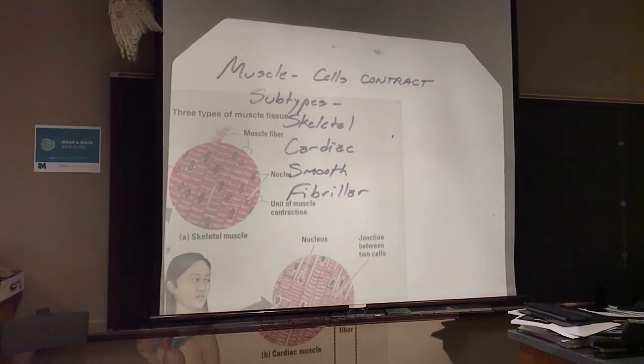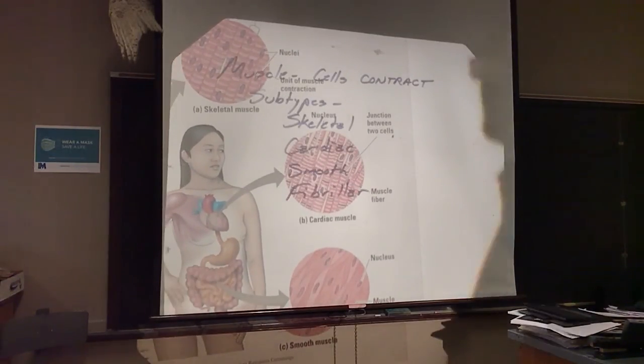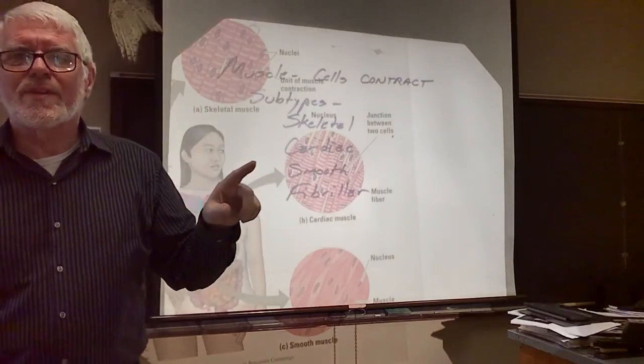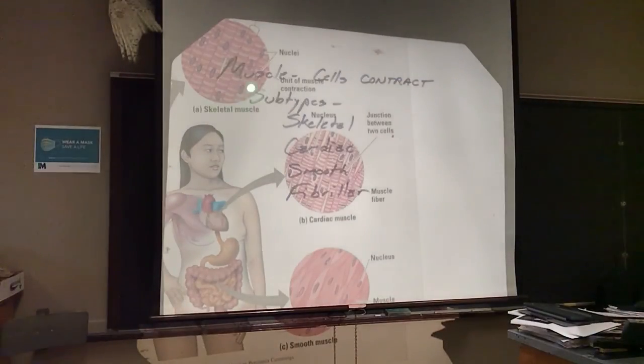See the stripes? See the no stripes? These are called striations. It's kind of an amazing thing. The molecules in here, there's little lines that are anchors.